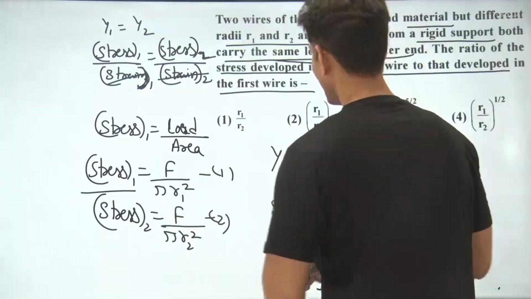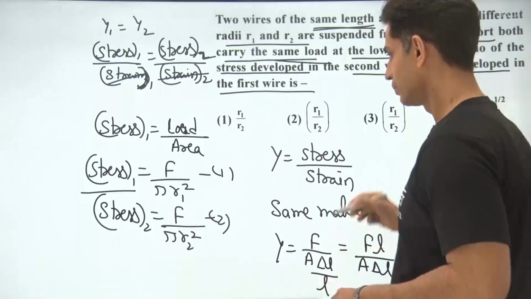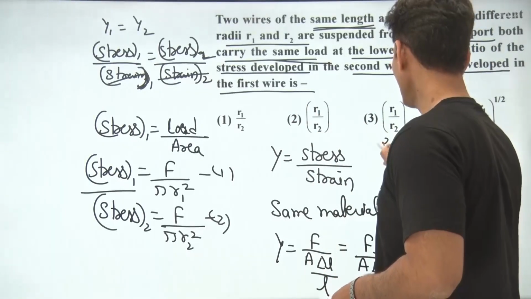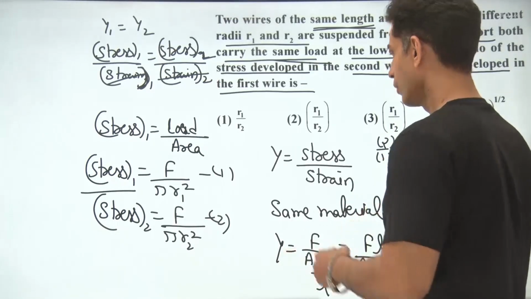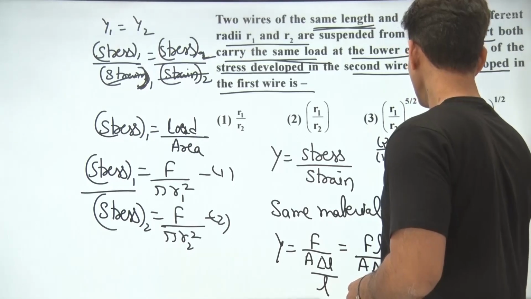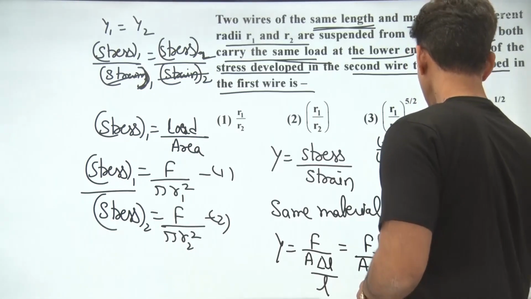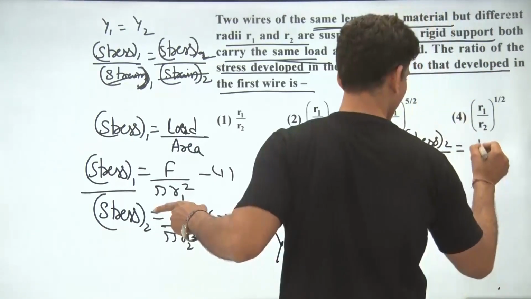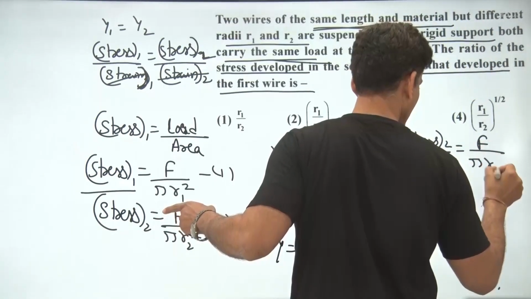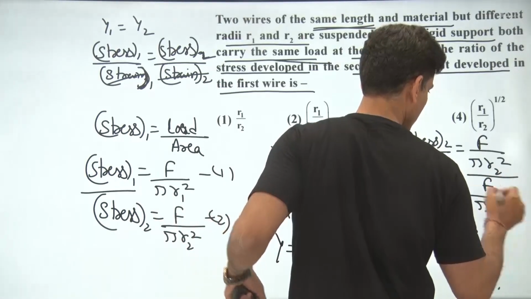I don't know why so much additional information has been given. So divide 2 and 1: stress in 2 upon stress in 1 is F upon pi R2 square, upon F upon pi R1 square.